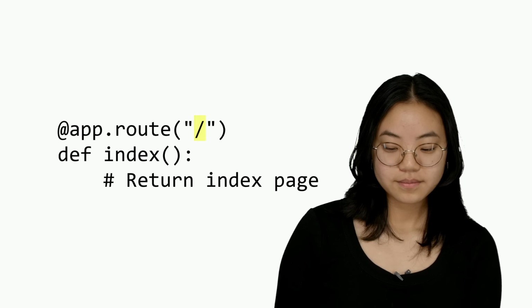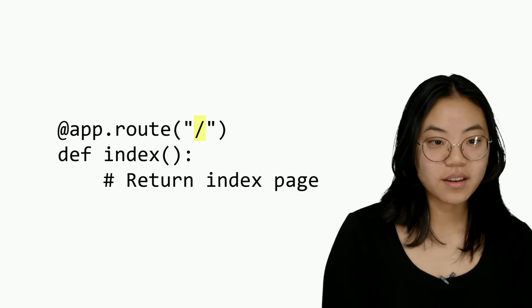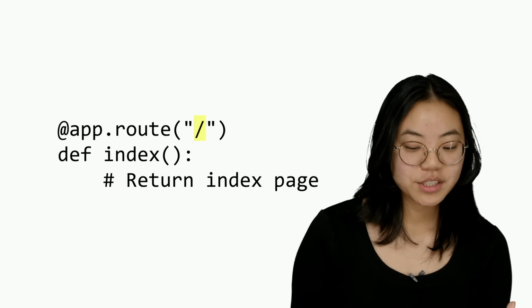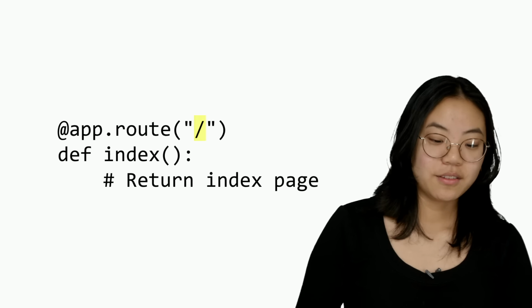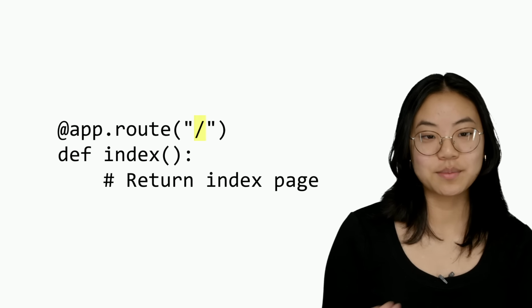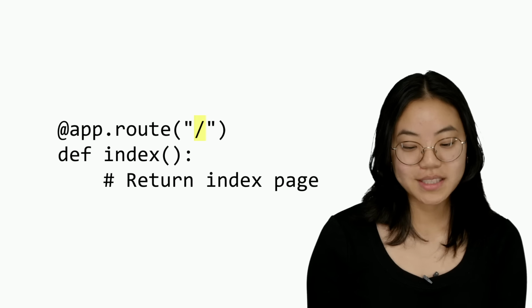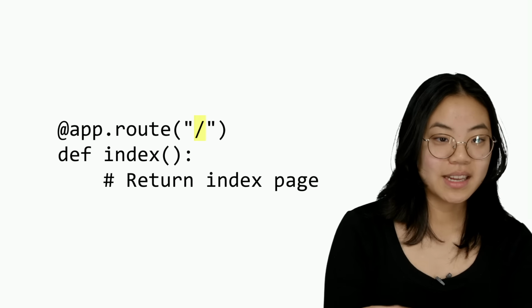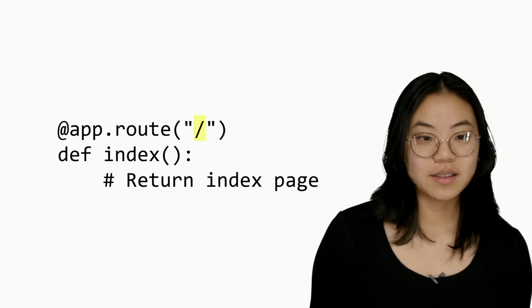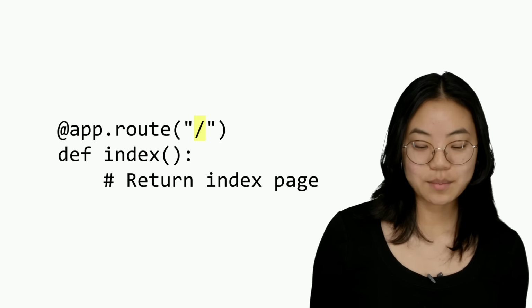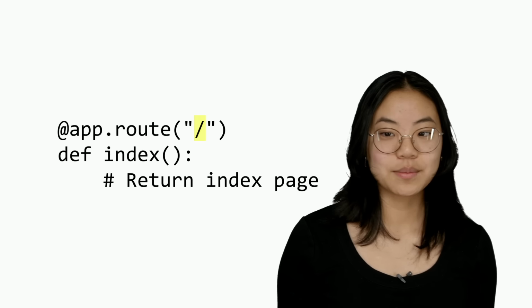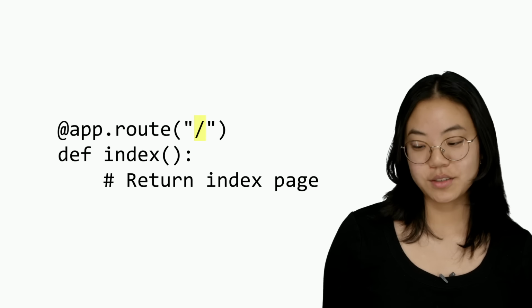And so in Python, when we're actually writing this, we have this app.route notation, and that specifies the functionality of what should happen when someone uses that specified route. So for example, if we're just on this index page, the home page, and a user navigates to just the backslash route, so nothing behind that, then what we probably want to do is just return that index page and render it to the user.